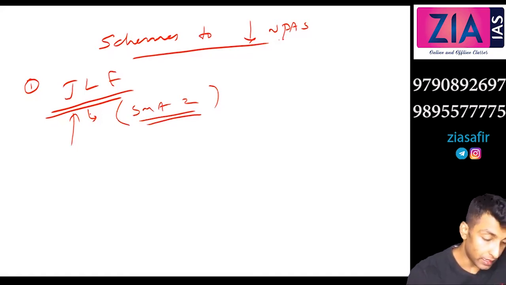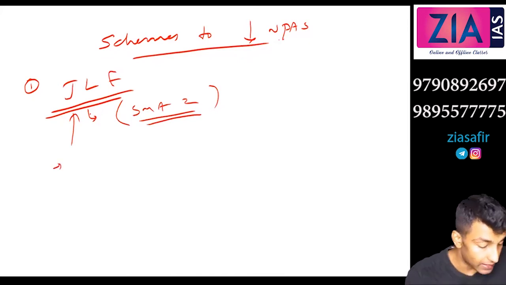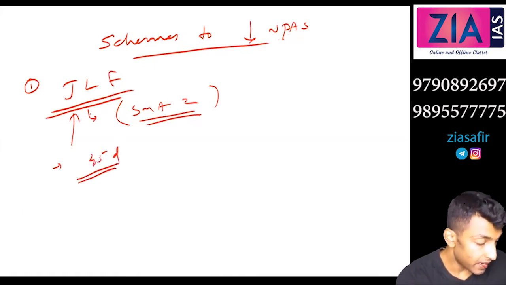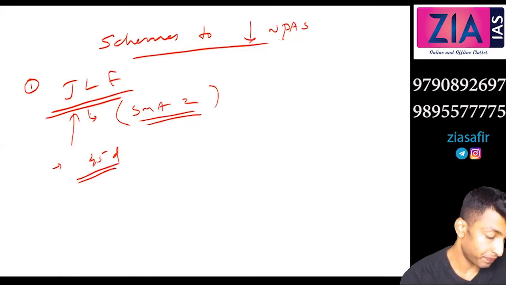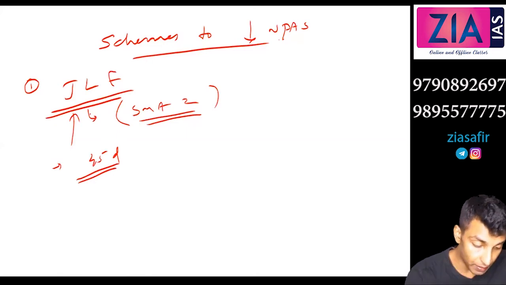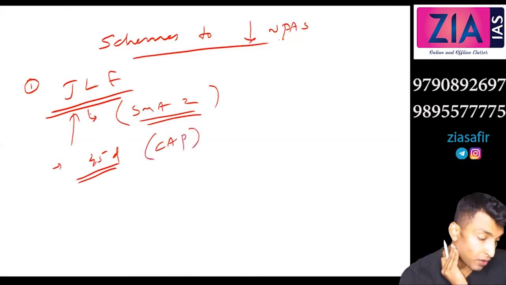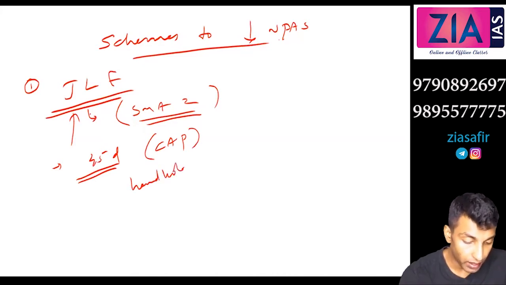Next point you can write under that, within 45 days of its establishment, the JLF will prepare a corrective action plan, CAP, which may include hand-holding, which means additional loans, okay.